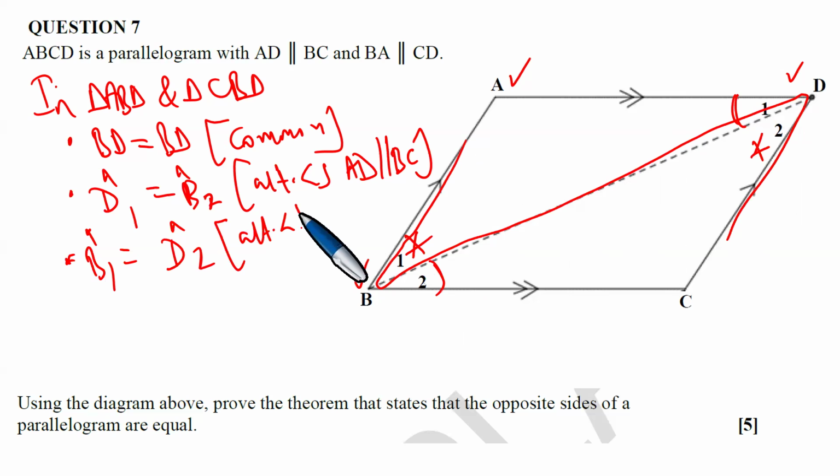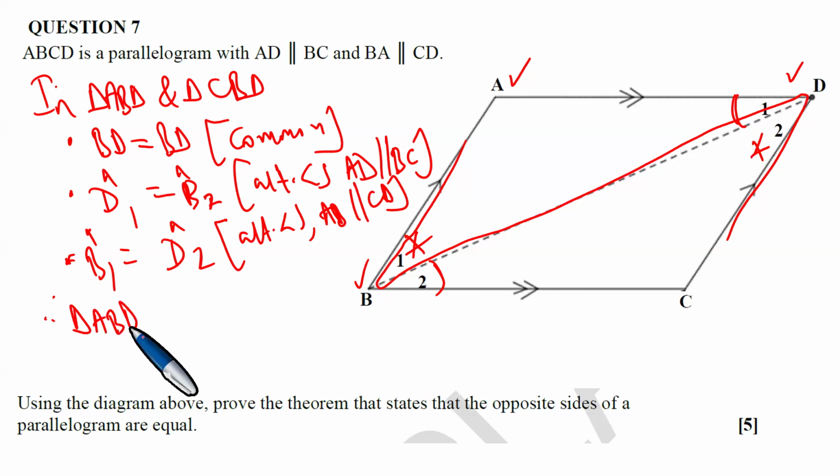Alternate angles because AB is parallel to CD. Now at this point, therefore, triangle ABD is congruent to triangle CBD. Let's just check this one.